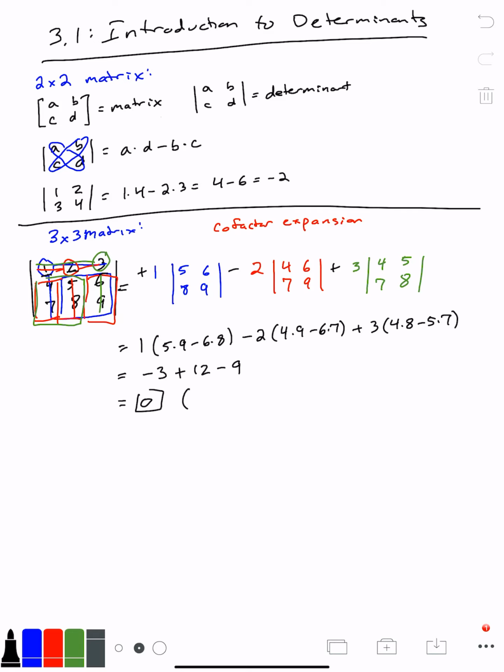And remember from before, if the determinant of a matrix is 0, that means that A is not invertible. So we get information from this. And this is how it works: you break up based on the first row. Now there are ways to break it up that are not the first row, but it really doesn't matter that much in my personal opinion, because you can also put these in your calculator.